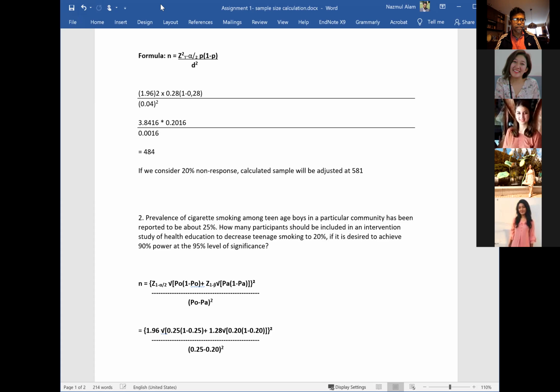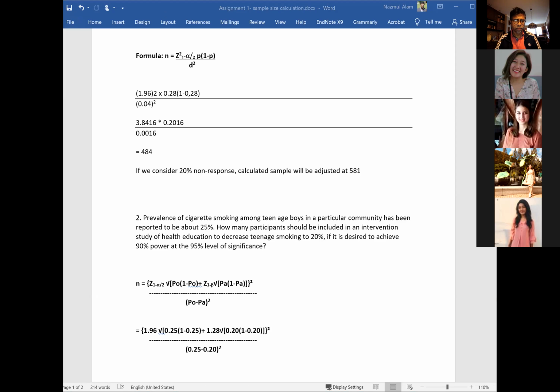Okay. So you see, I just use the numbers in the formula. So this should be the number that you should be calculating.